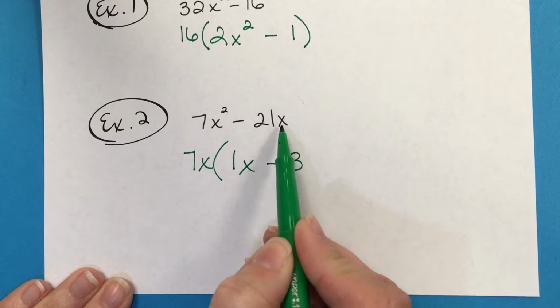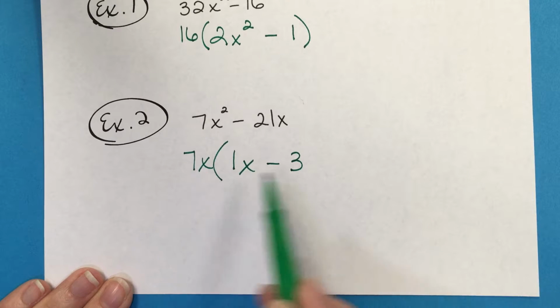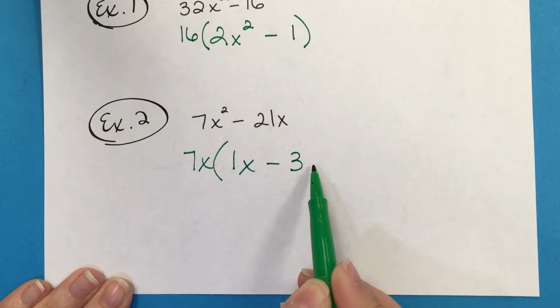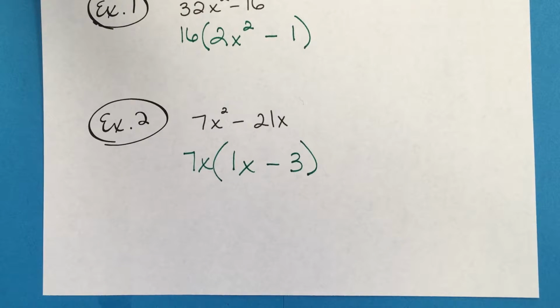This term only has 1 x, and you're factoring it out front, which means there's not going to be any x's left here. So, like I said, that's just a quick little refresher on GCF that you've had to do several times before. That's going to be a step that we're going to incorporate with some other things in just a minute.